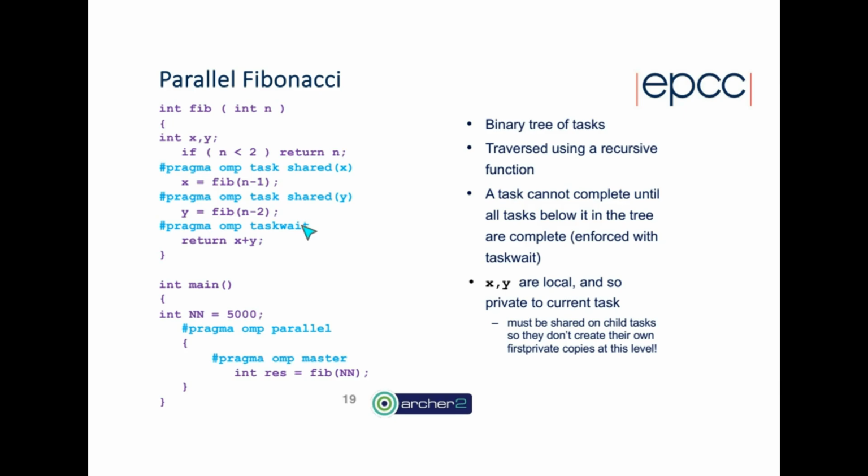It's not doing it directly, it's doing it implicitly because there's a taskwait at every level. So once these two recursive tasks have completed, then we can add the results together and recurse back up.